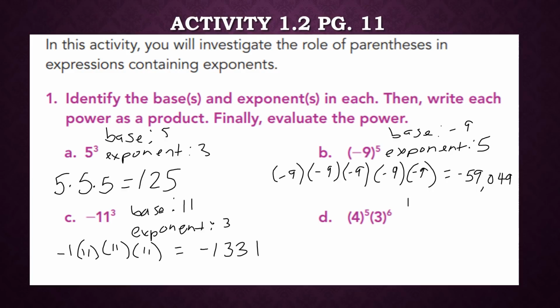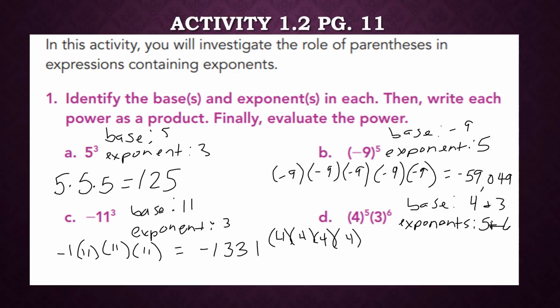Letter D, we actually have two bases in letter D. They are 4 and 3. And then our exponents are 5 and 6. So when we write this out, we're going to write 4 multiplied by itself 5 times. 1, 2, 3, 4, 5.